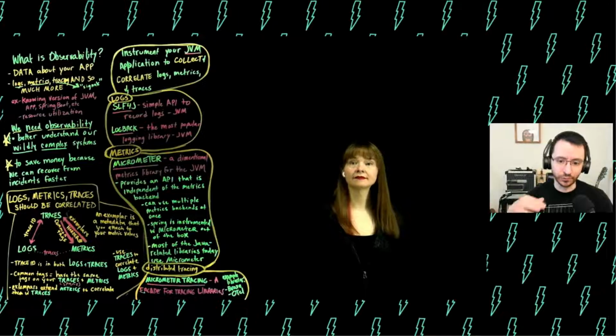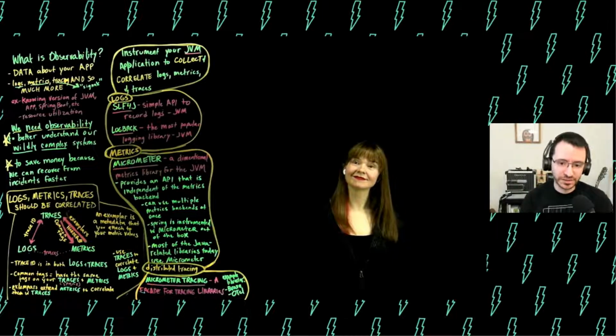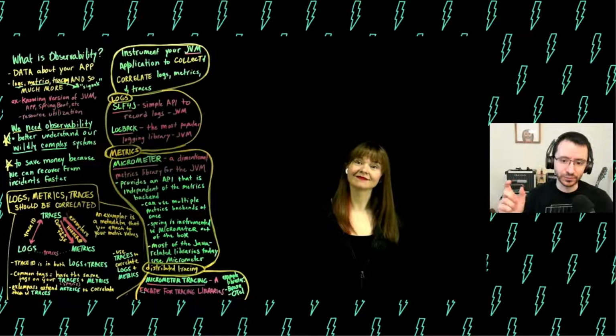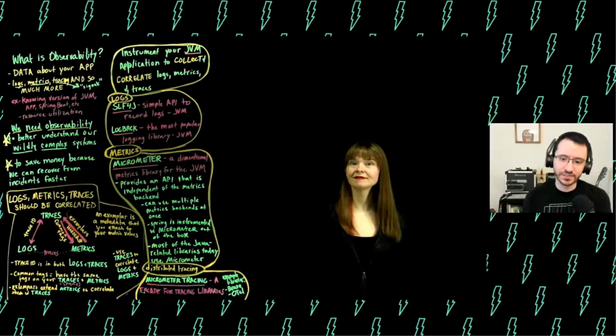If the default console is not good enough, then you need to write this to a file, or ship it to a log ingestion system and so on. That is basically a config file. For metrics, you usually need to decide which backend you want to use. If you want to use Prometheus, you need to get a dependency for Prometheus. If you want to use Elasticsearch, then you need to get a dependency for that. So you need to make this decision: this is my metrics backend, this is where I want to ship the data to.